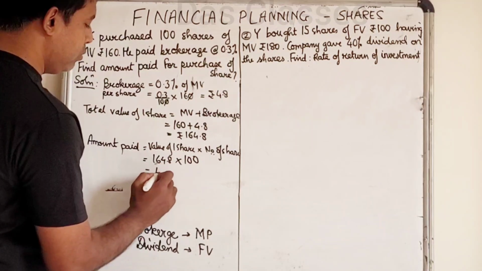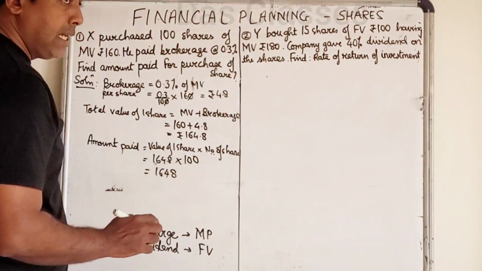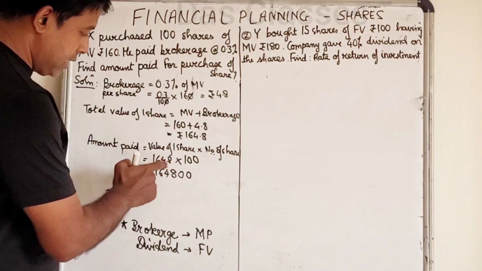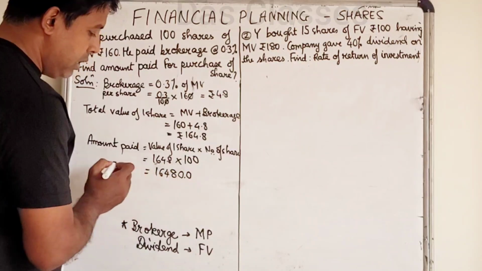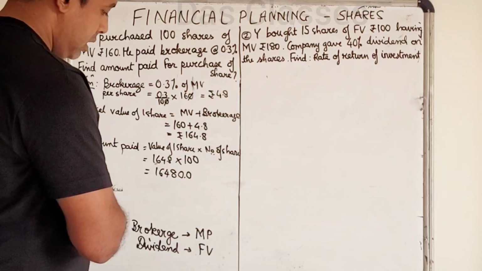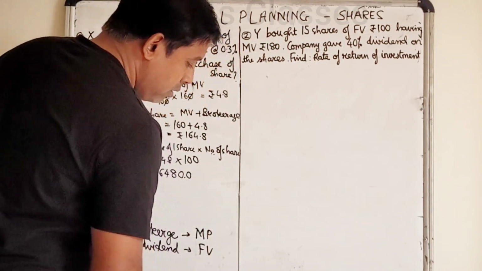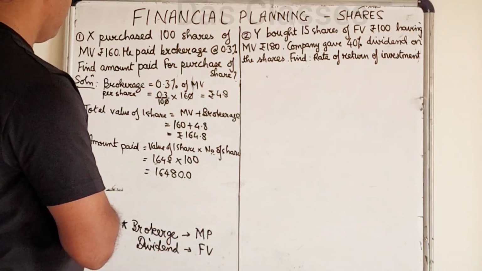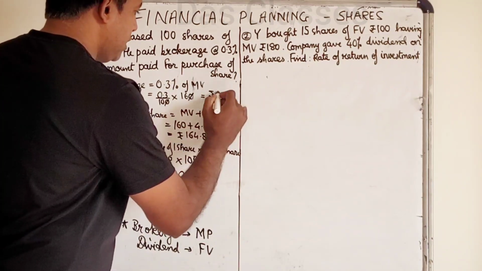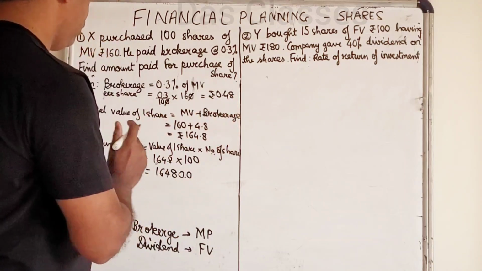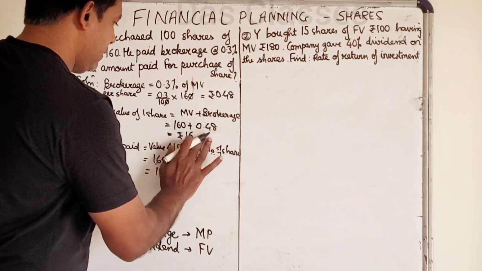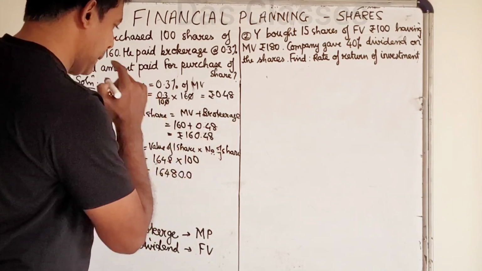So that will come to 1648, and as there are two zeros, so we'll add two zeros to it, and the decimal is after 1. Okay, it's 0.3, so 16 point... okay, so this is actually 0.48. So it's going to be 160.48.